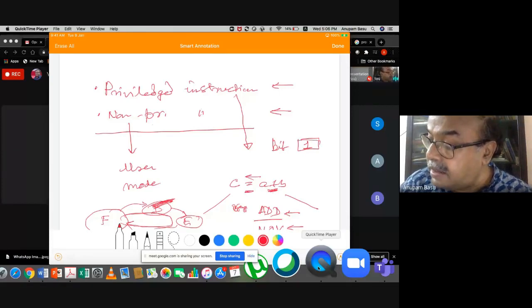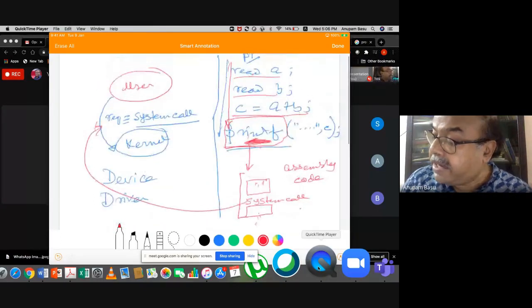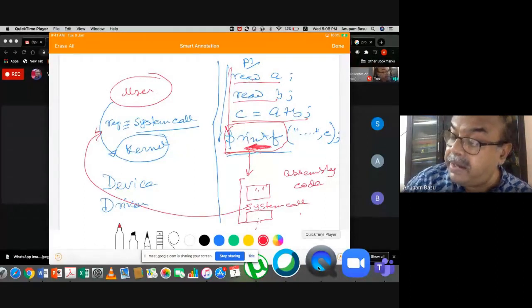As soon as this bit is set to 1, a sort of hardware interrupt takes place. And when this bit is 1, I know that it is a system call, and so the system call is generated.